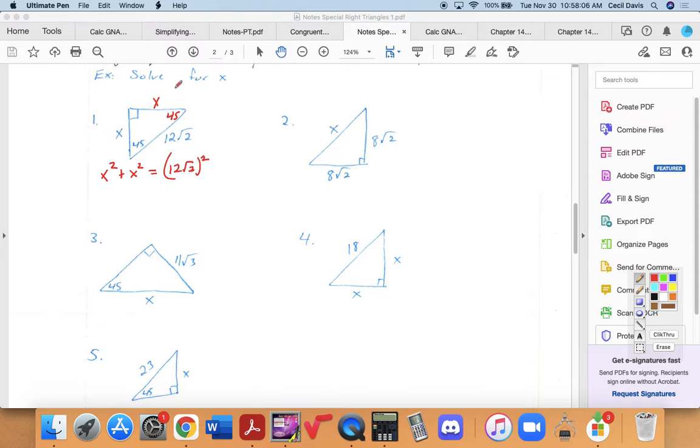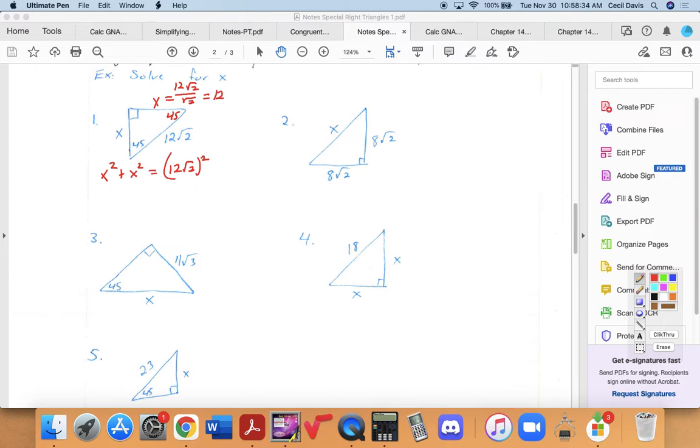All I have to do to find the length of the leg is take the hypotenuse and divide by the square root of 2. It's 12. That's all you have to do. Could you do the Pythagorean theorem on these? Absolutely. Is it a waste of time? Absolutely.